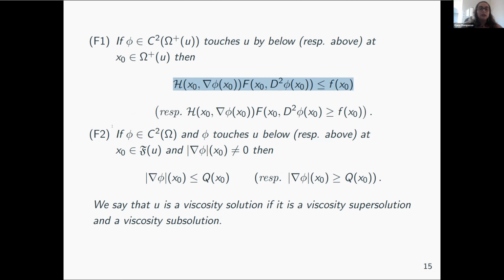And if x0 is in the free boundary and the gradient of phi is different from 0, then the gradient of phi at x0 needs to be less than or equal to q(x0). And we say that u is a viscosity solution if it is a viscosity supersolution and a viscosity subsolution.